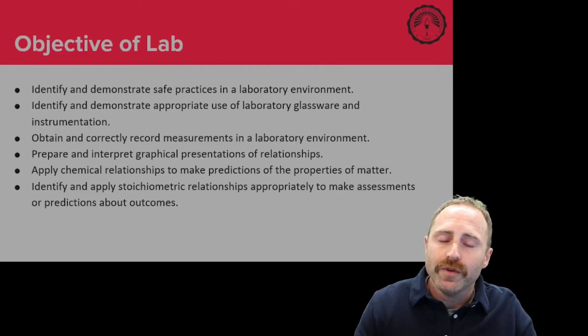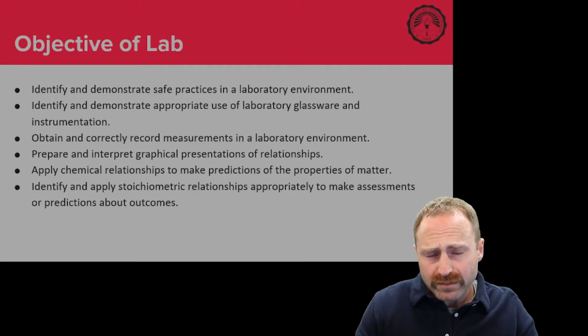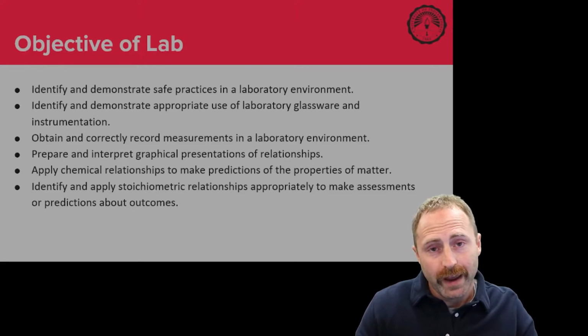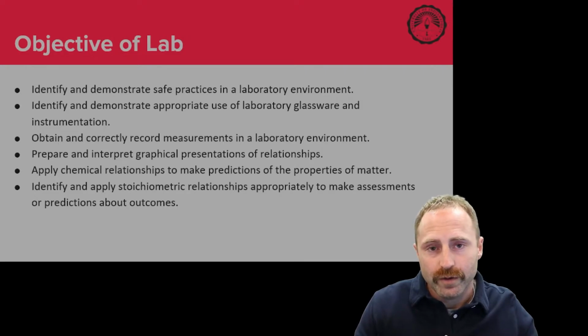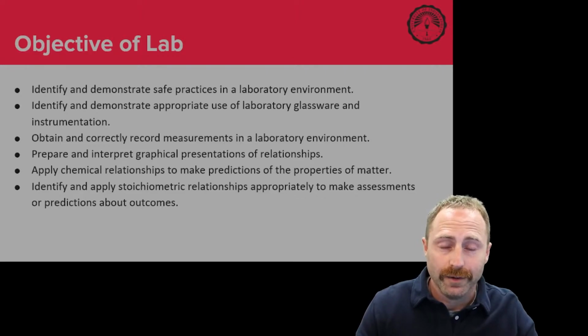We're going to help you with using glassware and instrumentation correctly. There's a whole bunch of things that you may have used in high school or another chemistry course. There's going to be some stuff that you never have, and that's okay. That's what we're here to help you with, to help you learn those pieces of instrumentation, glassware, how to use them right to your advantage to get the right answers for the kinds of experiments that we're going to be doing.